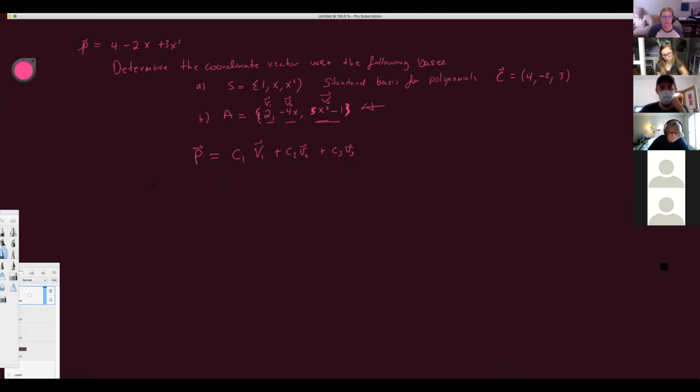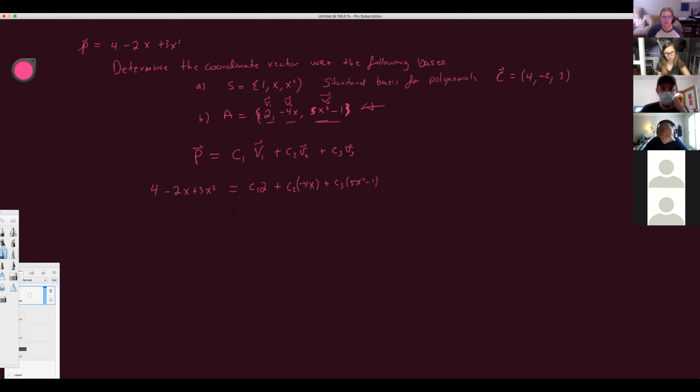So P is 4 minus 2x plus 3x squared. And that has to equal C1 times V1, which is just 2, and then plus C2 times V2, and V2 is just minus 4x, and then plus C3 times V3, which is 5x squared minus 1.